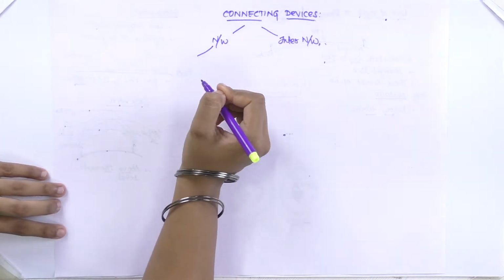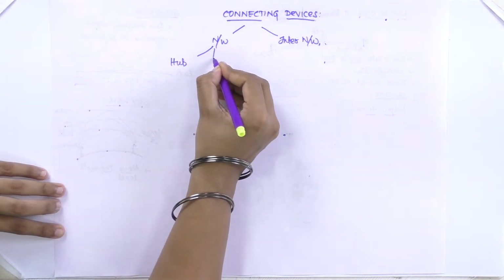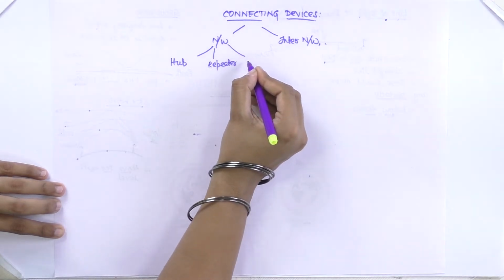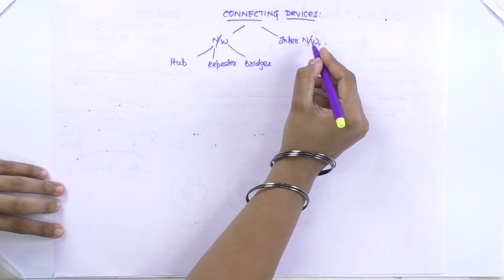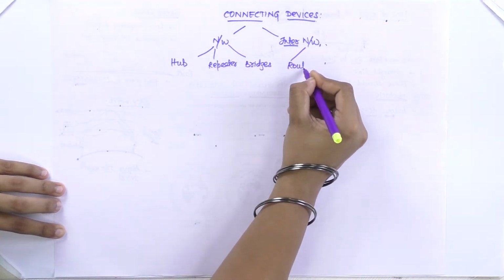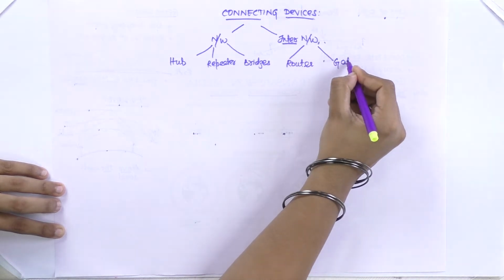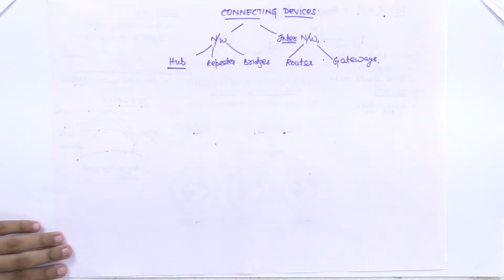Under networking devices you have hub, repeater and bridges. Under internetworking devices you have router and gateways. So first we will look into hub.